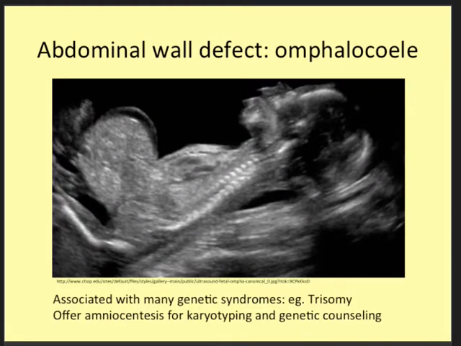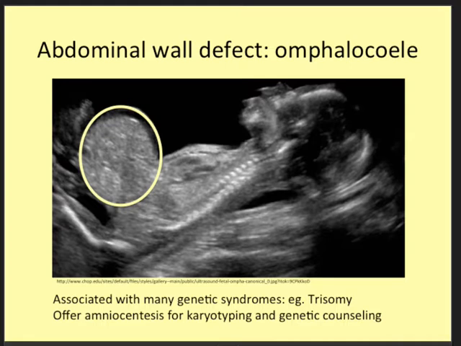Abdominal wall defects and omphalocoele. This picture is clear that the abdominal wall is not normally closed, but tissue is protruding outside the abdominal wall, and that's apart from a normal umbilical cord.